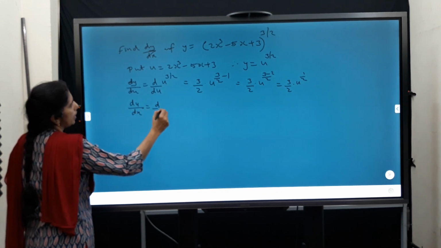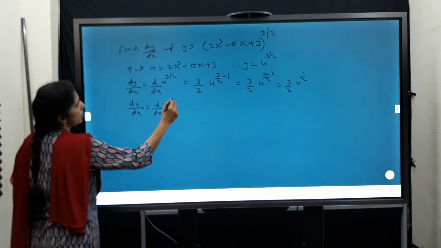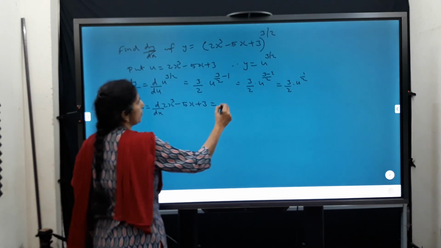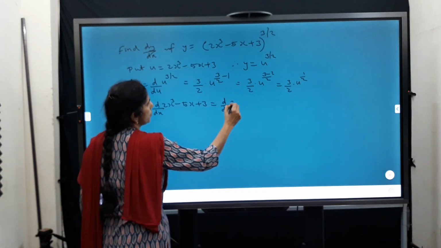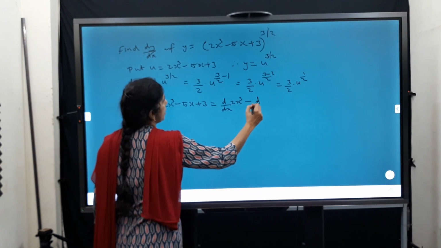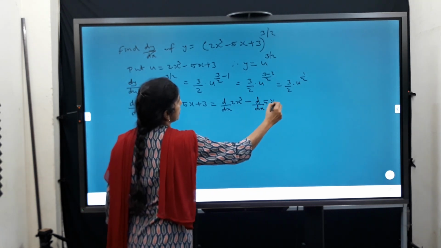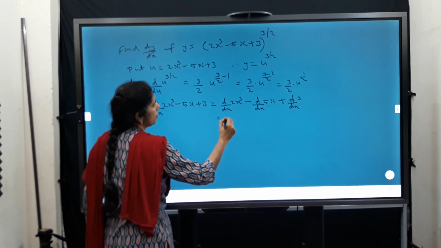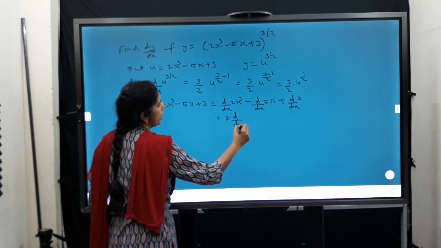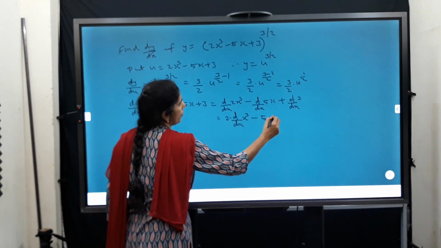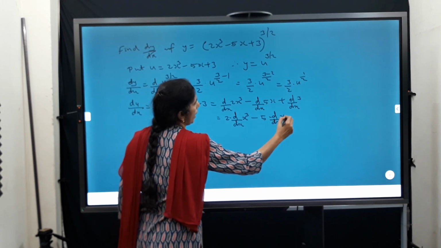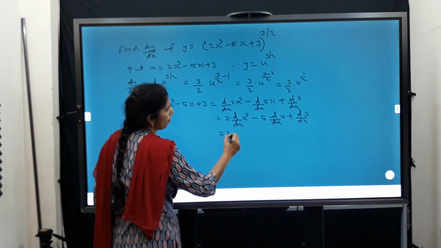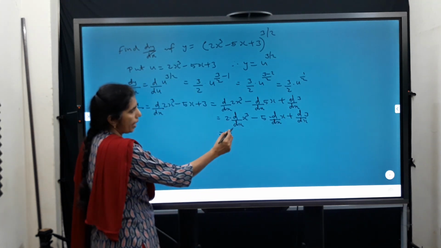That is equal to d by dx of 2x cube minus 5x plus 3. That is equal to d by dx of 2x cube minus d by dx of 5x plus d by dx of 3. That is equal to 2 into d by dx of x cube minus 5 into d by dx of x plus d by dx of 3. d by dx of x cube is, again, of the form x raised to n.